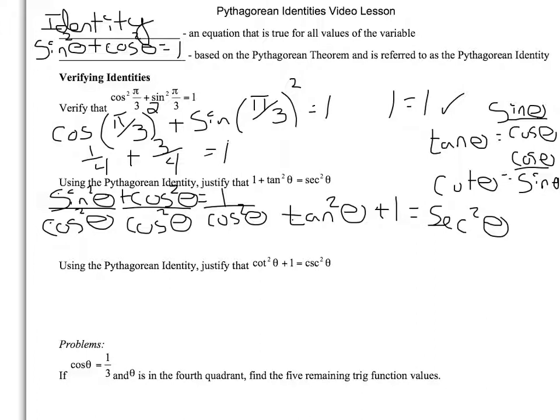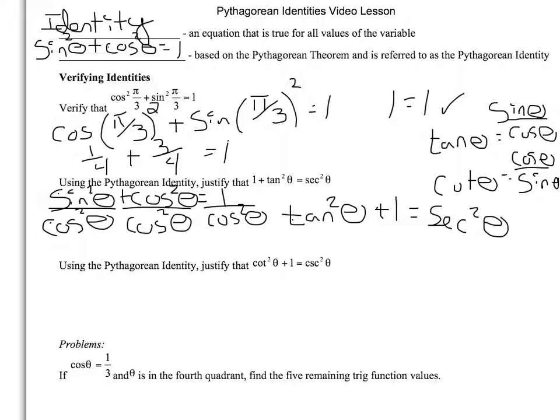So what you did is you started with the Pythagorean identity, and you showed how to get to tan squared plus 1 equals secant squared, which is exactly what you wanted to do. So this is all you would have to do for this problem. And it would likely be worth 2 points on the Regents exam.